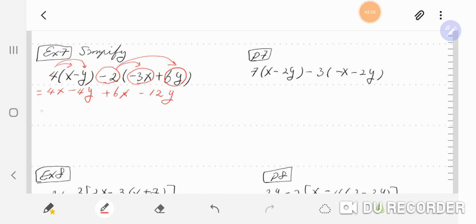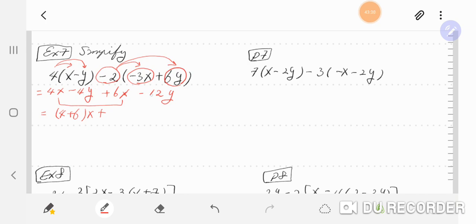And then combine the like terms. So 4x and 6x are the like terms. So when we add like terms, what do we do? Add the coefficients. 4 plus 6, so 10x, right? And then plus what? These two are also like terms.